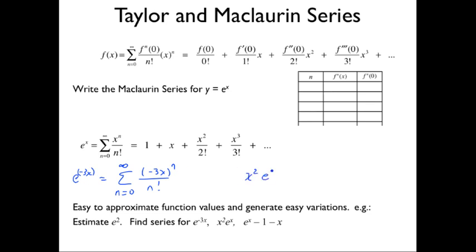Can we write a series for that? So if e to the x is a polynomial, if it's a sum of terms, what does it mean to multiply x squared times a sum? What do you do? So if I have the sum, and I multiply it by x squared, then what happens? Yeah, distributive property, right? The x squared will just get multiplied by every term.